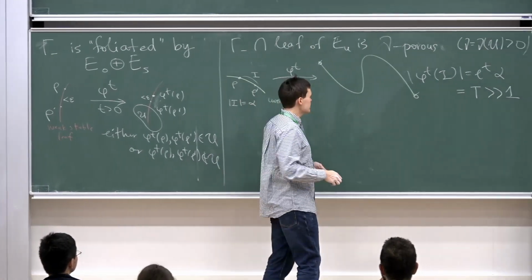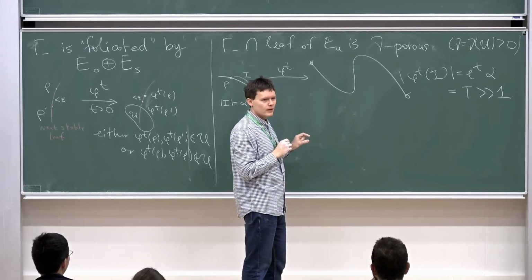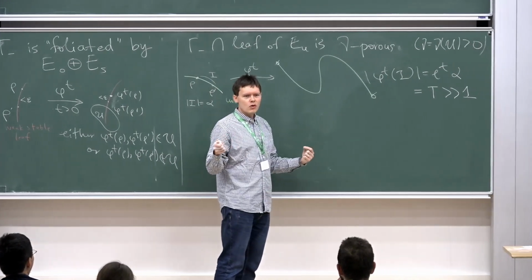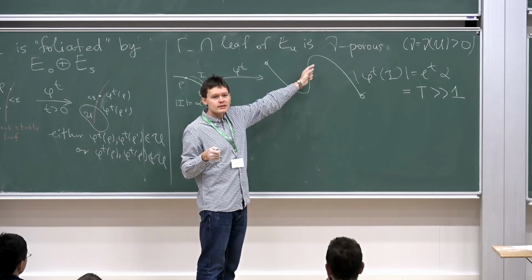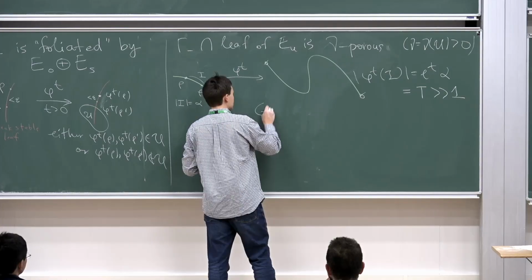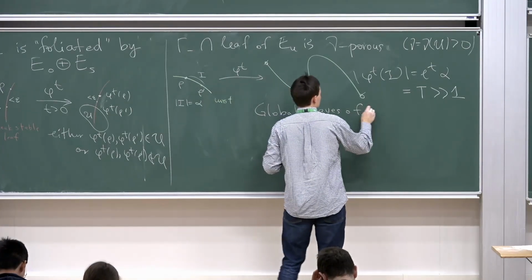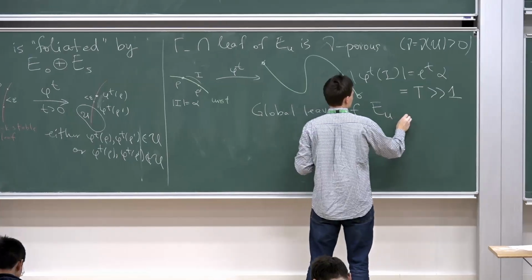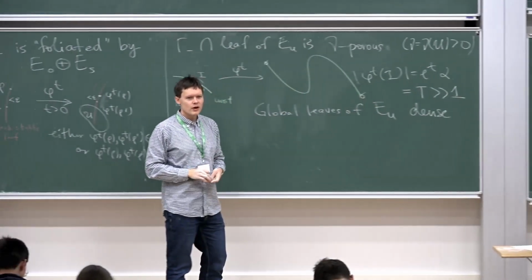Now what we use is that U is in a non-empty open set, and the global unstable leaves are dense. That's a well-known property.